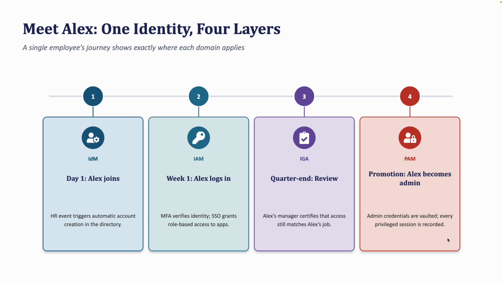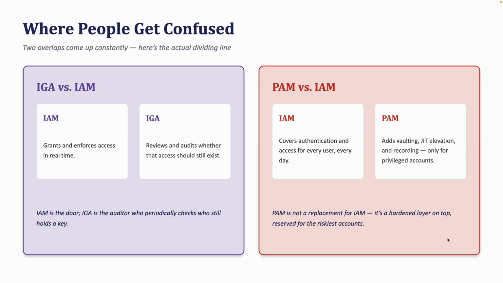Maybe he has moved to different departments or teams, and therefore access should be revoked in certain systems and new access should be granted. That's what IGA does. And then maybe Alex becomes an admin or a leadership person, who needs access to some privileged level systems, and admin credentials are vaulted and every privileged session is recorded. So those are the things that it answers.